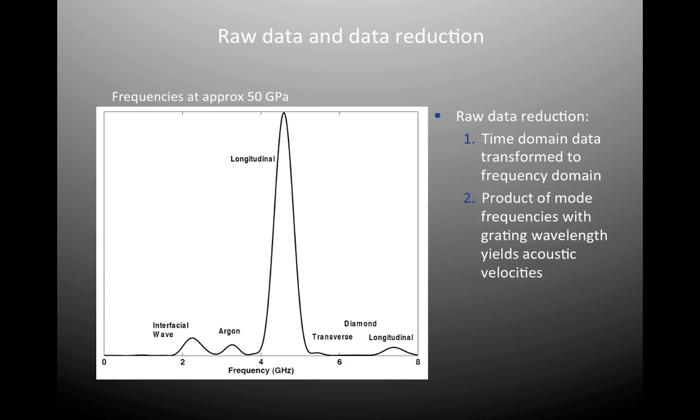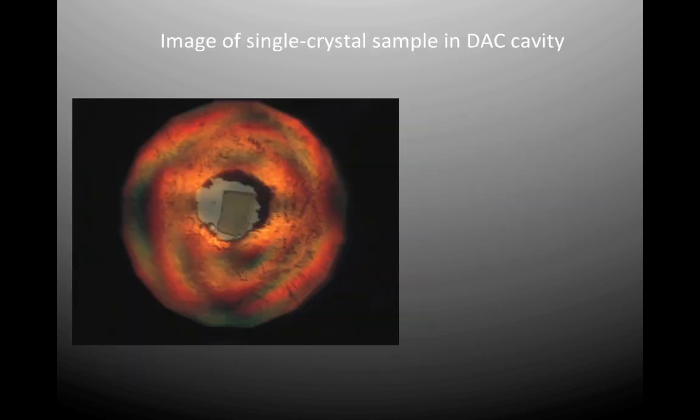So in the single experiment, we've picked up measurements of the argon, a surface wave, and a compressional wave in this almost isotropic material. Here's a picture of the crystal that was used for those data.